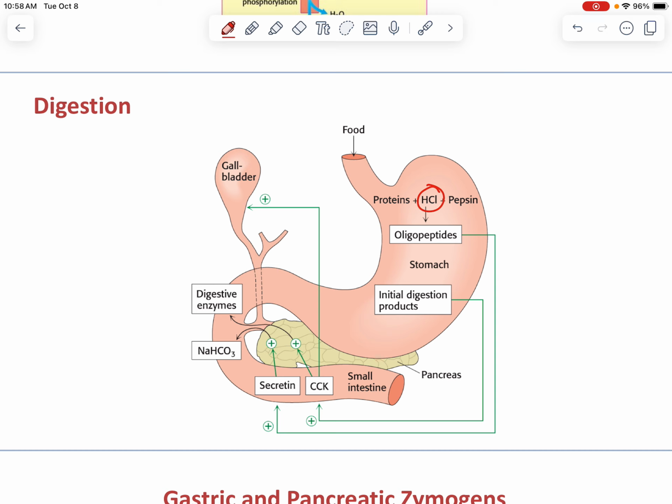We said that large changes in acidity and pH denature those proteins. So it disrupts the tertiary structure and quaternary structure, if it's there, of those proteins. And when these things unfurl from their globular groupings, those amide bonds are more exposed to the enzymes.